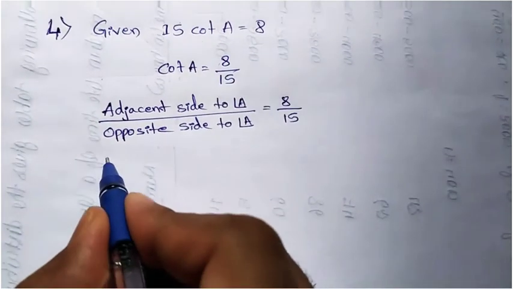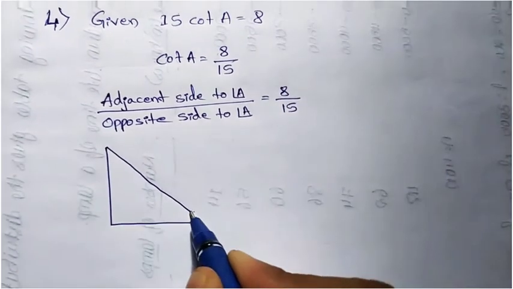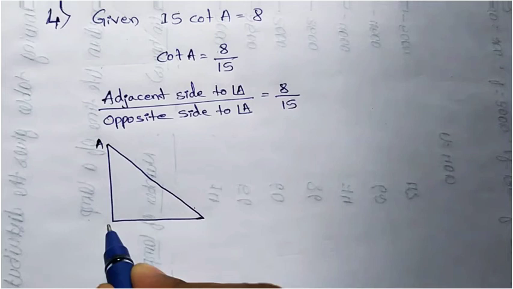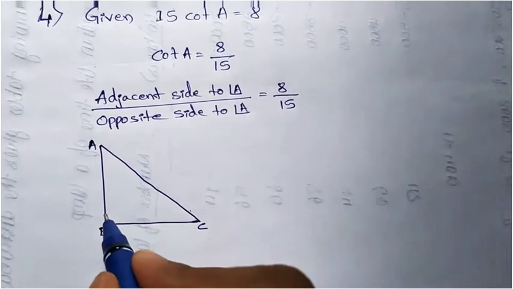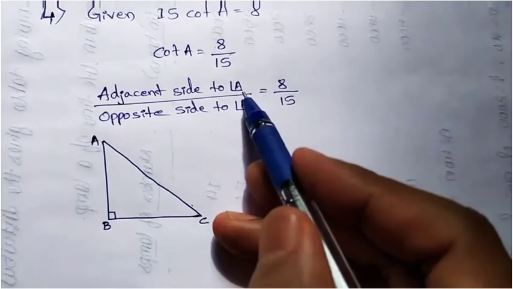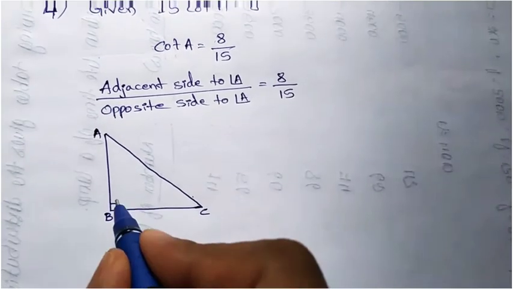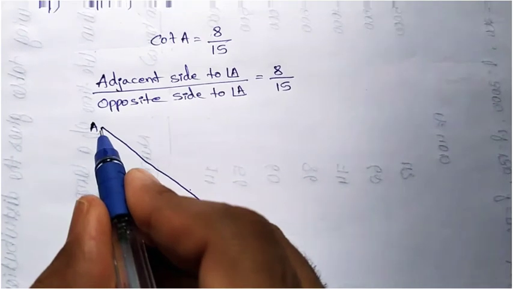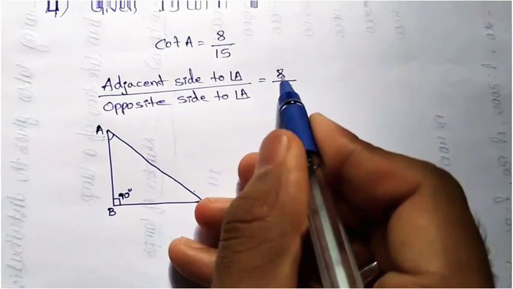So if you take one right angle triangle, taking A somewhere, A, B, C. Any one angle should be B other than the given angle, so here I am taking B as 90 degrees. If I take A as my reference, the adjacent side will be 8K.